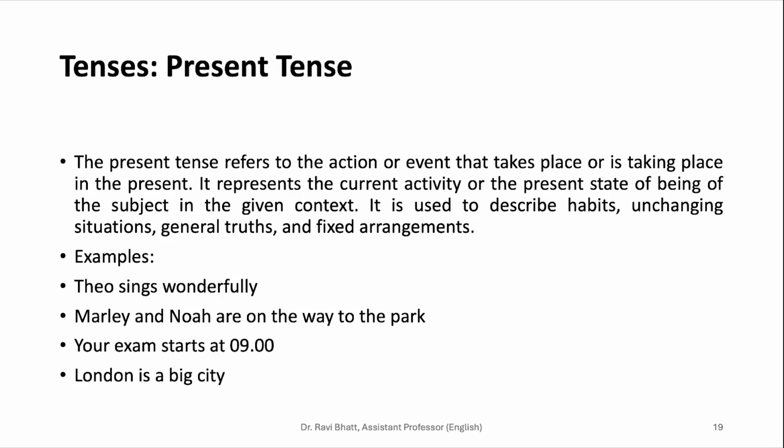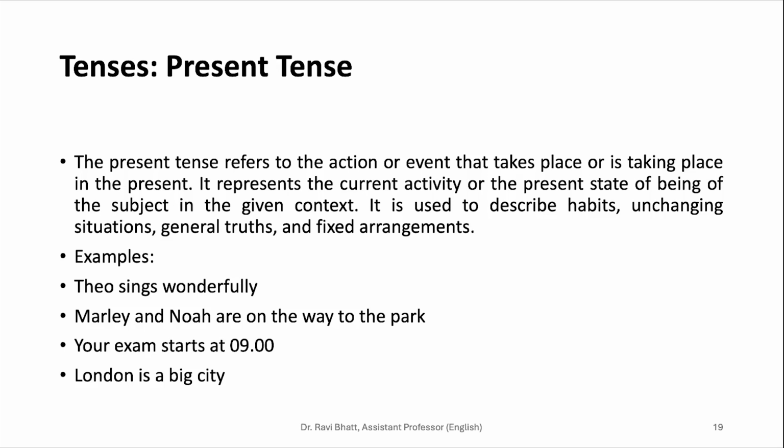Now, for example, here's the definition of present tense with some examples. The present tense refers to the action or event that takes place or is taking place in the present. It represents the current activity or the present state of being of the subject in the given context. It is used to describe habits, unchanging situations, general truths, or fixed arrangements.